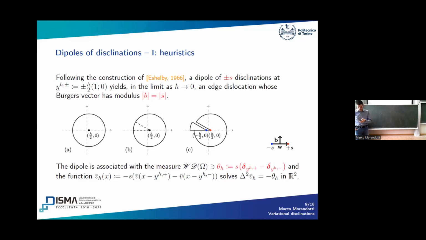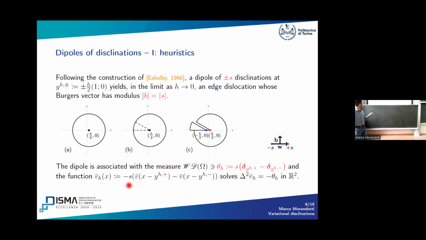So if we have a dipole, then we have a measure, a wedge disclination density, which is this theta_h, which is a delta centered at h with sign plus, and a delta centered at minus h with the sign minus, right?